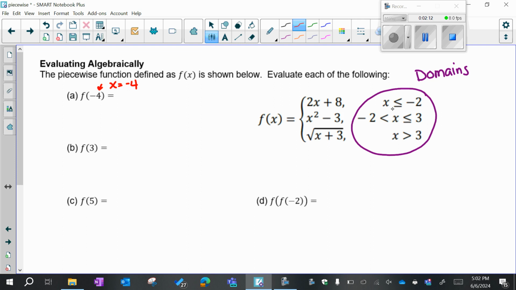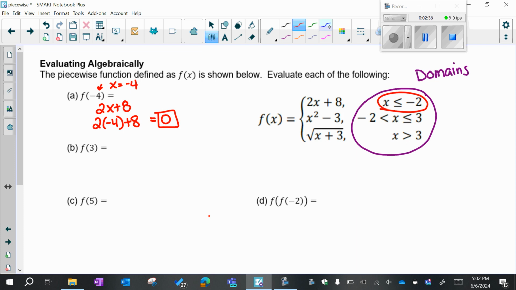So x equals -4 falls into this domain because -4 is less than or equal to -2. So I'm going to use 2x plus 8 to evaluate, and I'm going to substitute in for x being -4. So remember, you could use a calculator, but this would be done without a calculator. So 2 times -4 is -8. -8 plus 8 is 0.